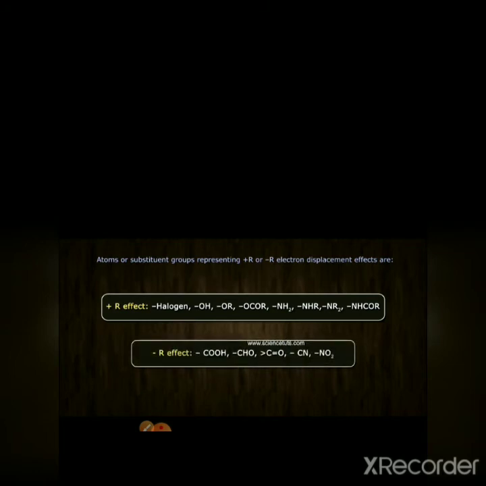Negative R effect: COOH, CHO, C=O, CN, NO2.